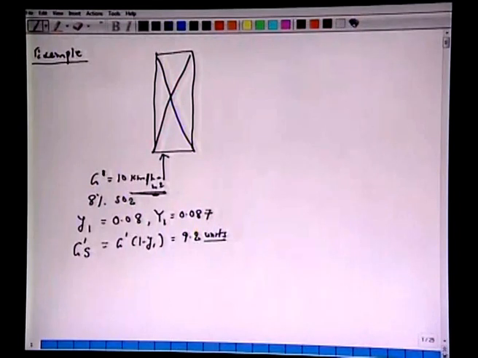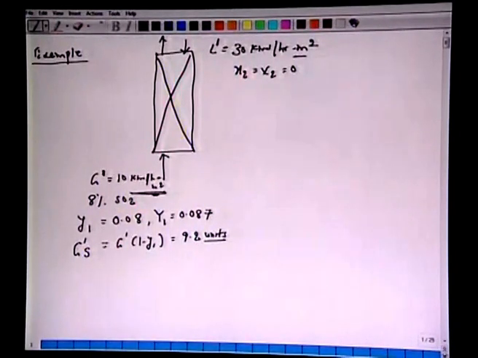This gas, sulfur dioxide, has to be cleaned with a pure solvent, and the flow rate of the solvent is L prime, 30 kilomole per hour per meter square. Again, make a note of the superscript L prime because we are writing this flow rate per meter square of cross sectional area. It is a pure solvent, so X2 equals 0.